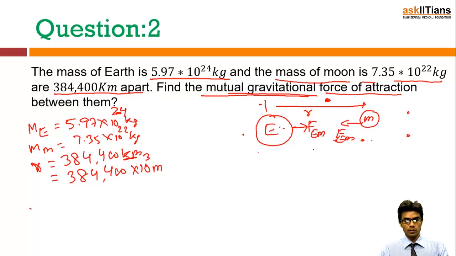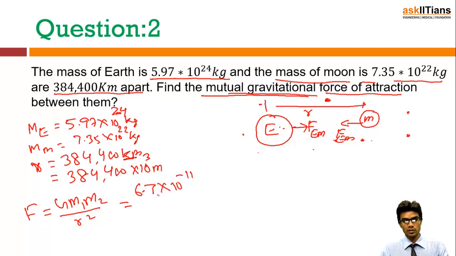So from Newton's law of gravitation, the formula is F is equal to G m1 m2 by r square. We can put here the value of G, 6.7 into 10 to the power minus 11.